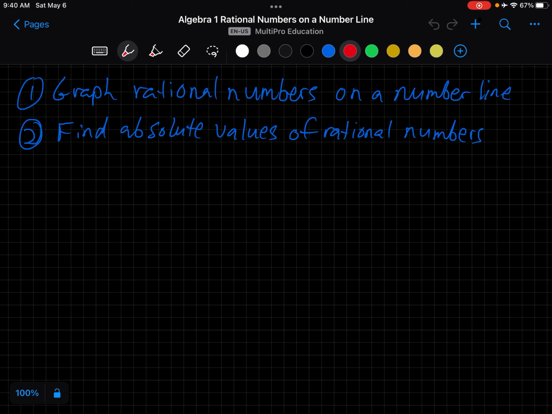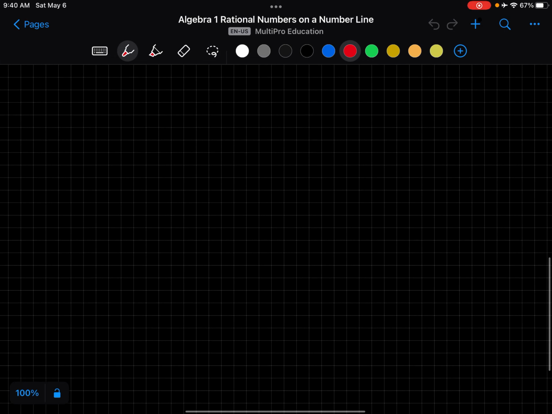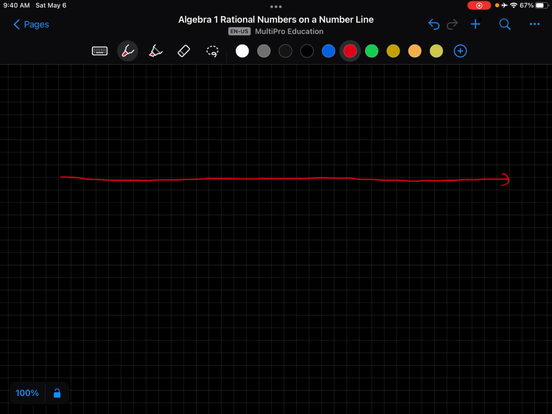So let's go ahead and draw a number line. Okay, so this is a number line.